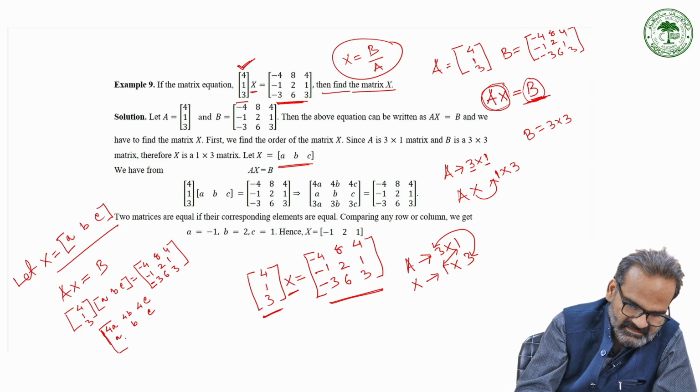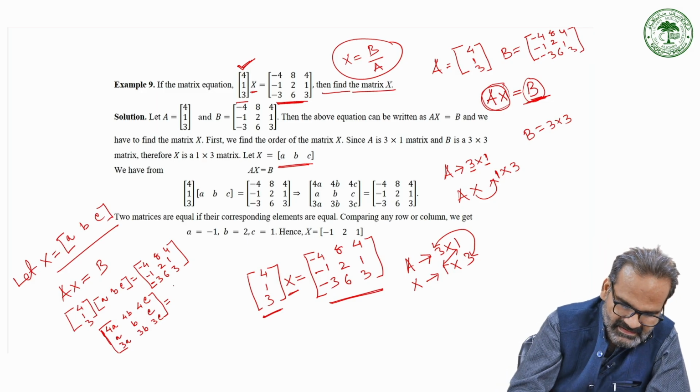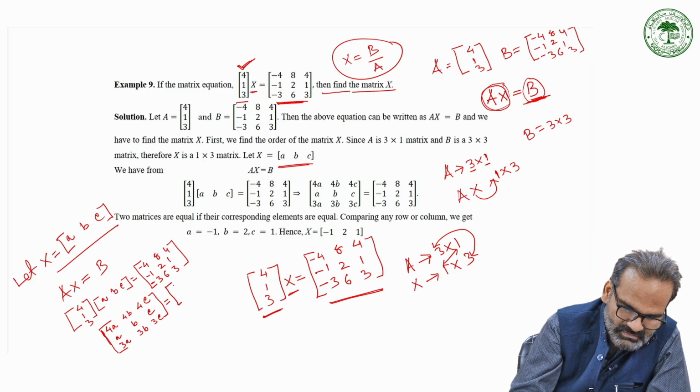Now the third, 3 with a, that is 3a, 3 with b, that is 3b, 3 with c, that is 3c. This is the product of the matrices 4, 1, 3 and a, b, c, and this is equal to -4, -1, -3, 8, 2, 6, 4, 1, 3, right.